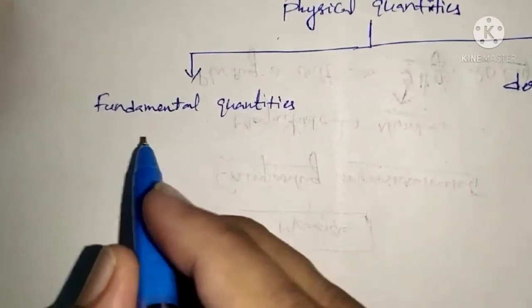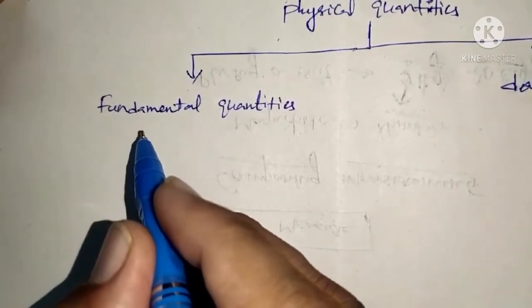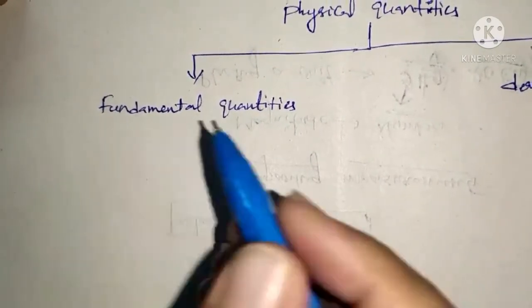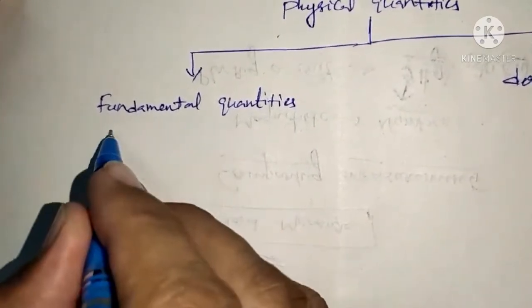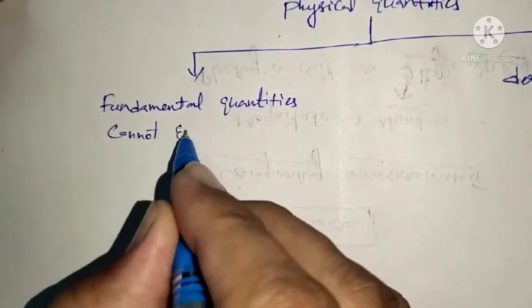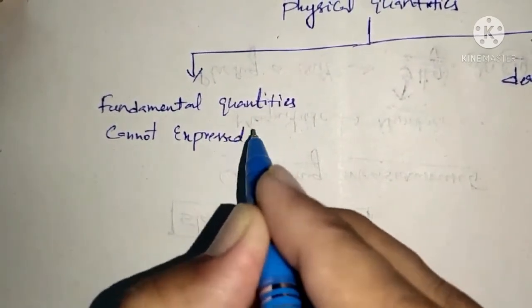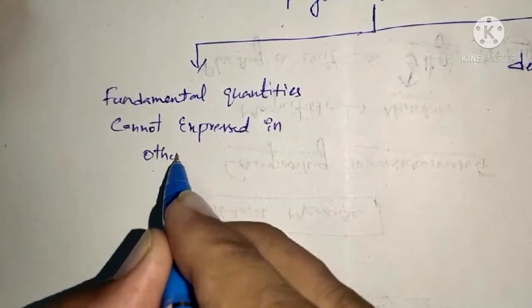So what are fundamental quantities? Fundamental quantities are those physical quantities that cannot be expressed in terms of other quantities.